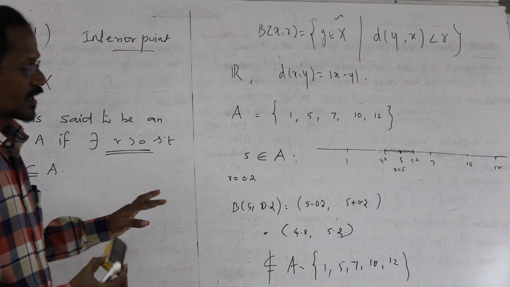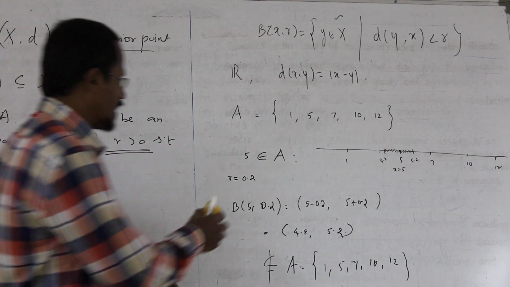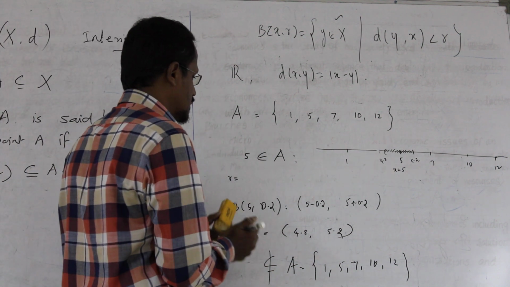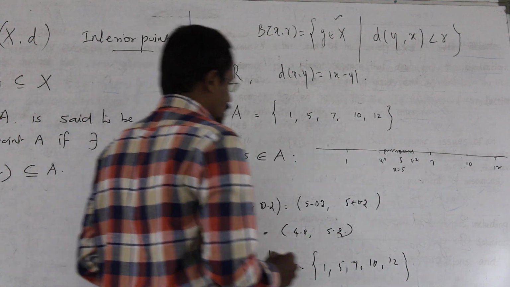And this radius is just an intuitive choice; you can take any positive r instead of 0.2.